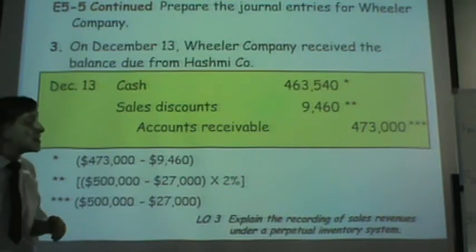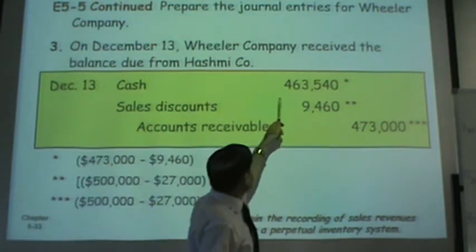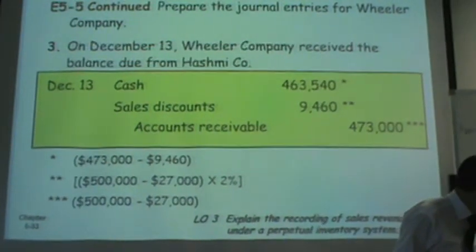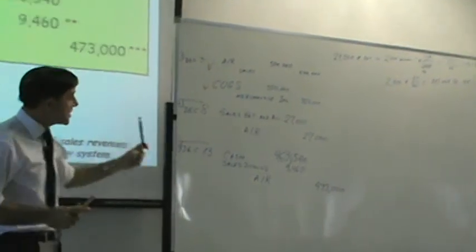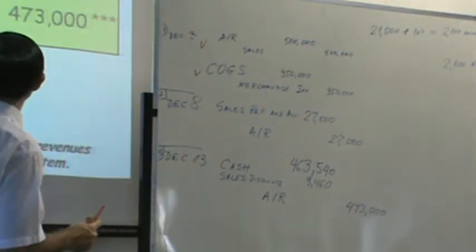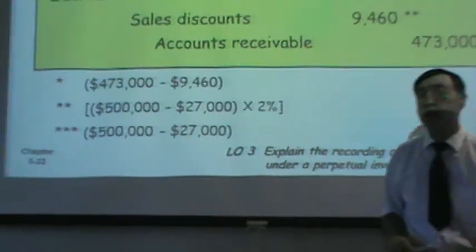And the last piece is December 13. Cash 463,540, which is the same as 463,540. Discount 9,460. And account receivable 473.